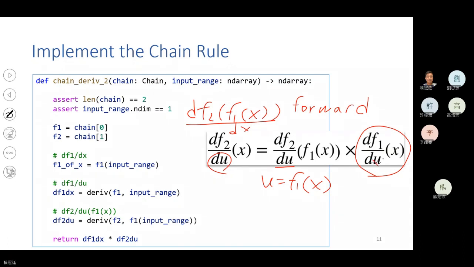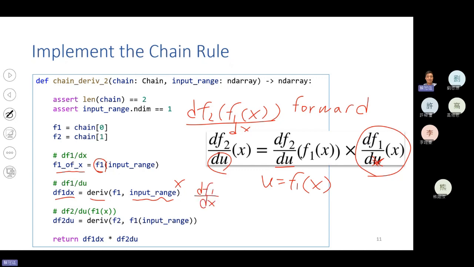But as we know, we don't need to calculate it directly. We just call our derivative function. So for df1dx, we calculate with f1's input. The df1dx, we call the derivative function of the output f1 against our input. Input is x. So this is our first df1dx.